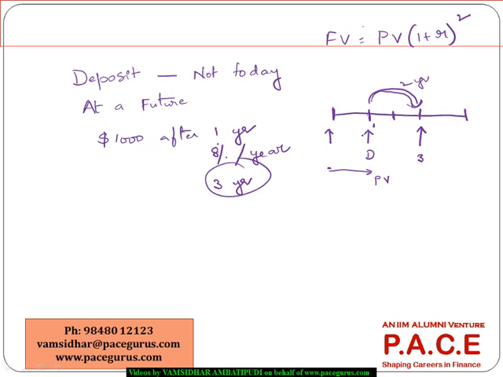So we need to be comfortable with when the deposits are being made, and the time period between the deposit and the withdrawal, so that the calculations can be done comfortably. That's one more important aspect that we need to consider.